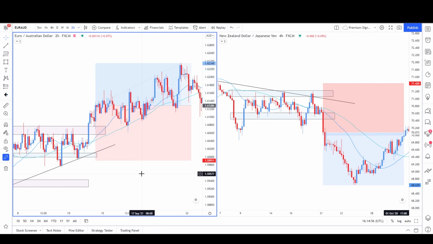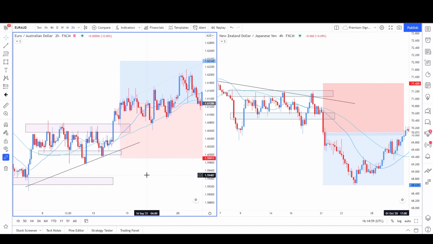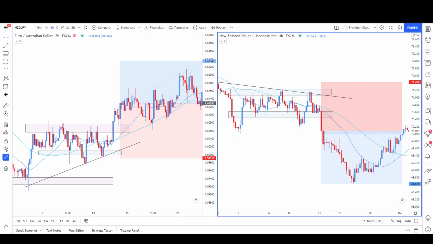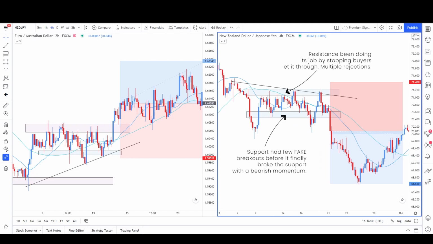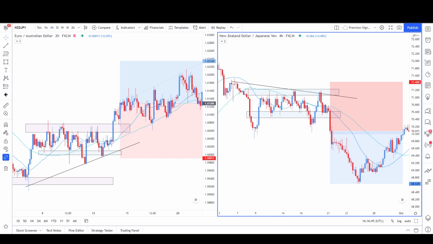So again, as you can see, if you catch a nice moment using this breakout strategy, you can definitely gain a huge amount of profit. And if you take a look on your right, we have NZD/JPY, and that's on a 4-hour chart. Again, we have our support and resistance levels, and we also have our trend towards the downside that has been rejected multiple times.